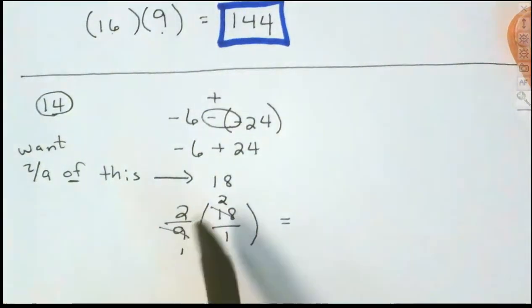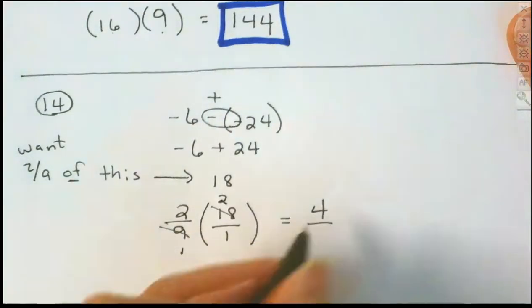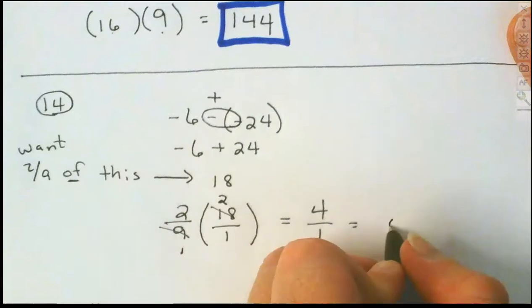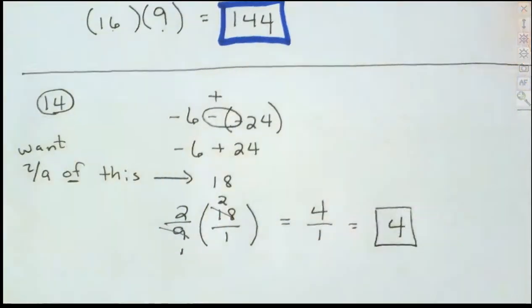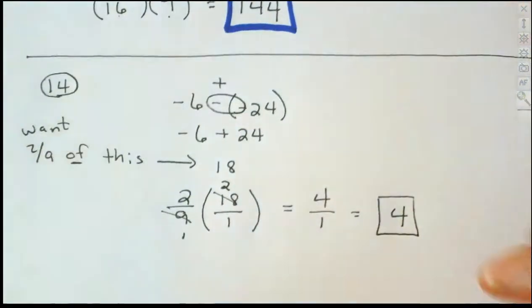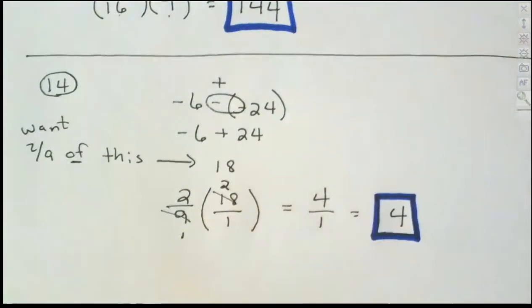And we've got 2 times 2, which makes it 4. 1 times 1, which is 1. And that then leaves me with a final answer of 4. So I found my difference first. And then I went through and I found 2/9 of that difference. That gave me the 4.